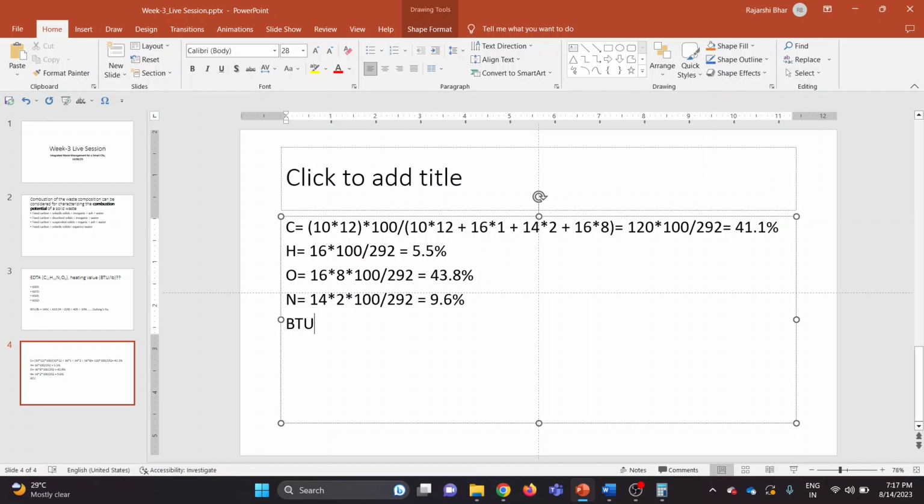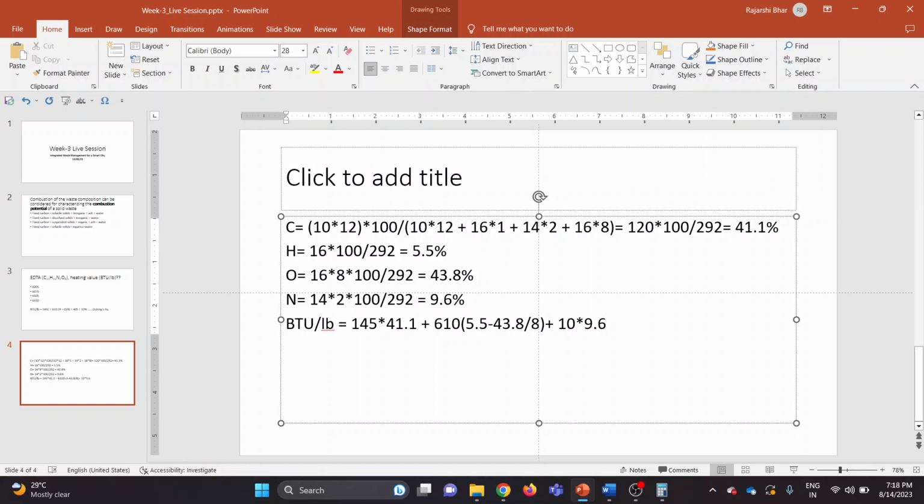So putting all these values in the DeLong's equation, I will have BTU per pound equal to 145 into the percentage of carbon, 41.1, plus 610 into 5.5 minus 43.8 divided by 8, plus 10 into 9.6.